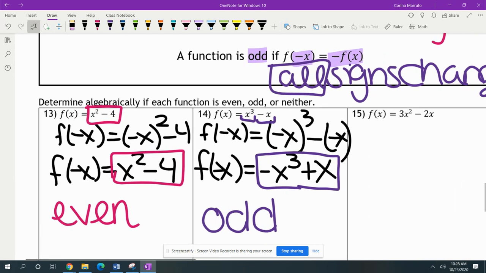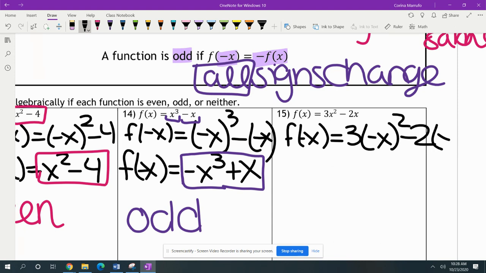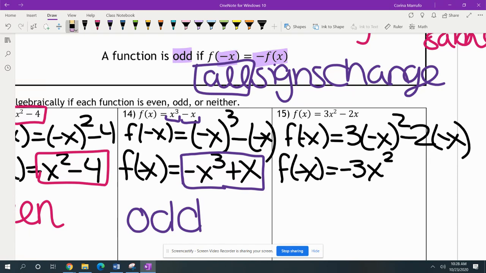And the last one. Okay, we're going to take f of x and plug in a negative instead of the x. And then what we're going to do next is simplify. So here we have negative x squared, which is going to give us a positive.